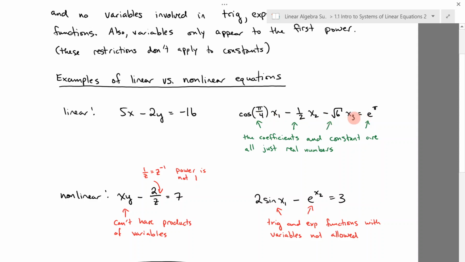You can see that pi over 4 is just some number, and if you take the cosine of that number, that's still just some other number. So this is just some number times x1, minus some number times x2, minus some number times x3, and is equal to another number. Pi is a constant, e is a constant, and when you exponentiate it like this, the result is still a constant. So these two are examples of linear equations.